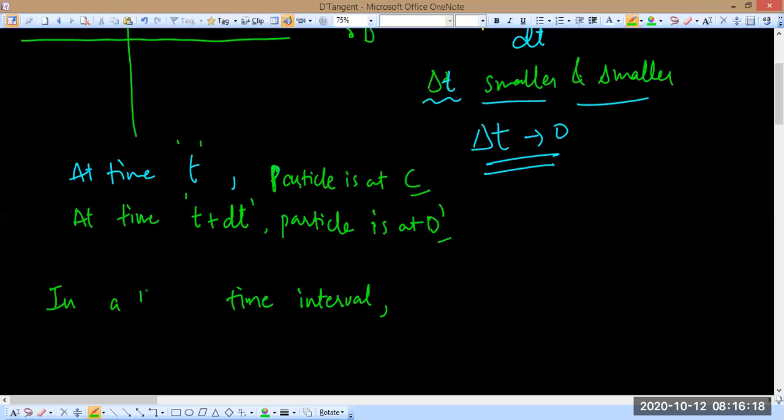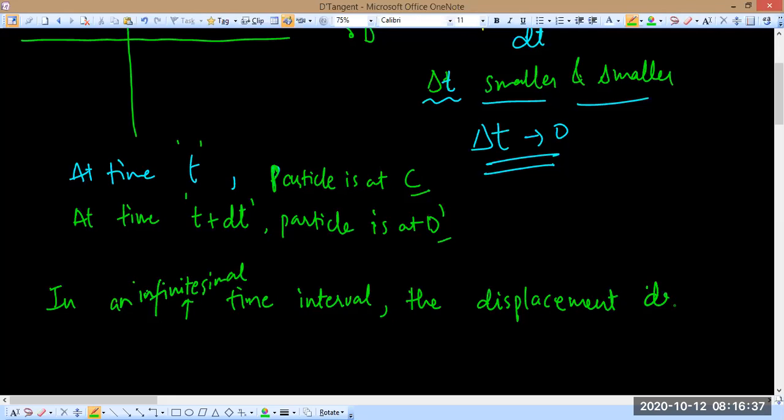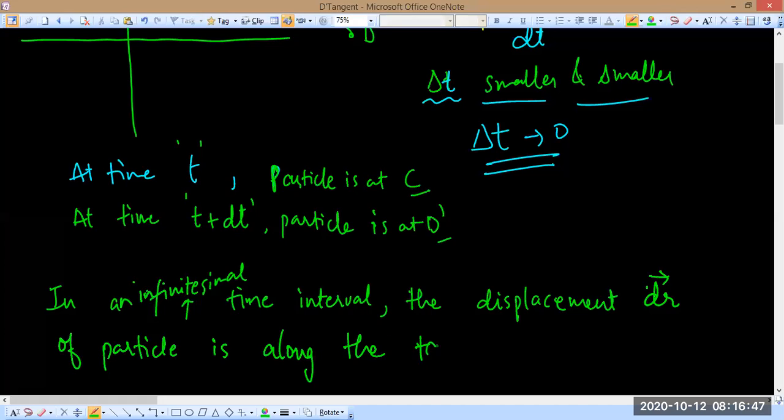In an infinitesimal time interval, let's be very clear about what we mean, the displacement dr vector of particle is along the tangent to the path, not the graph.